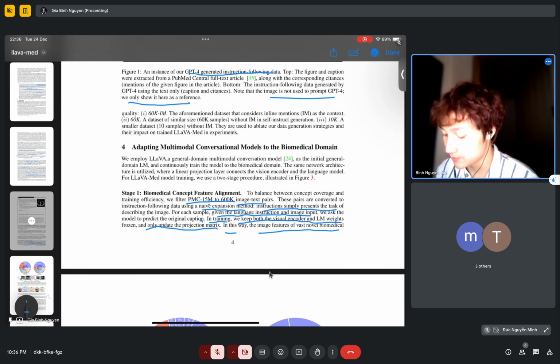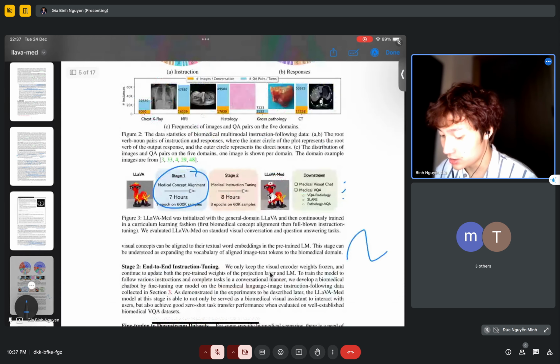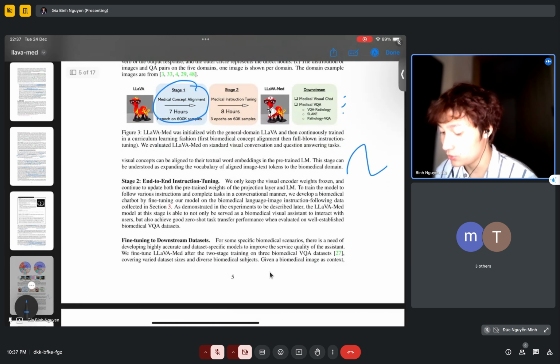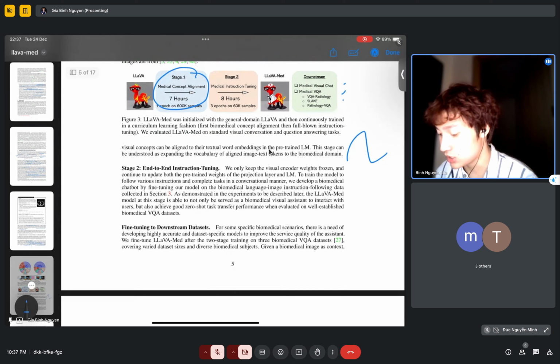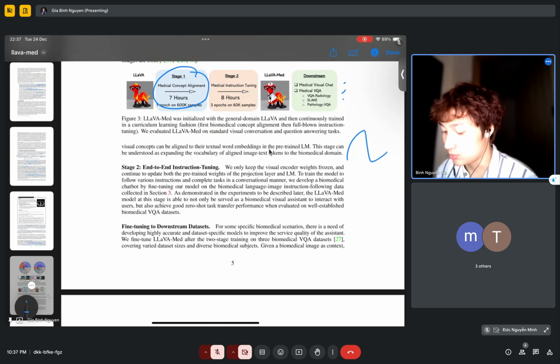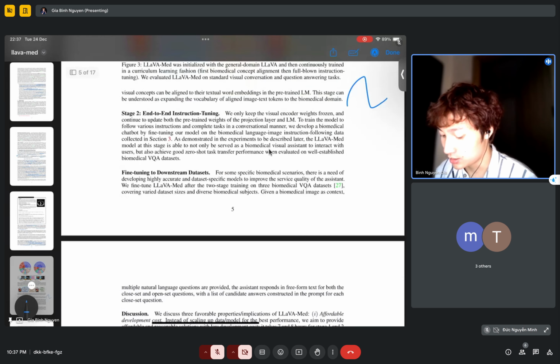That is the first stage. The second stage was trained on two datasets. The first is multi-turn conversation, like I mentioned in the slide, and the second one is a public dataset.